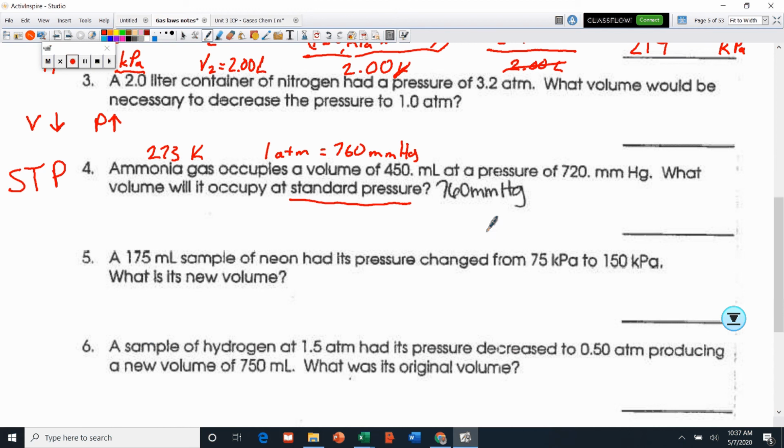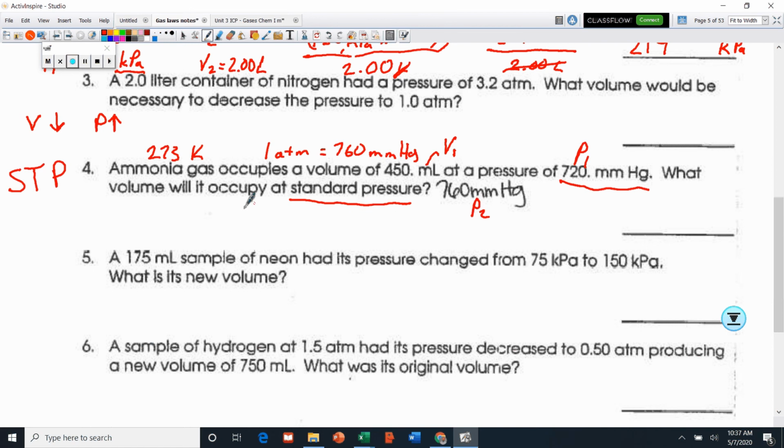Because our P1 was already in millimeters mercury, I'm going to leave it in millimeters mercury. That's easy enough and saves us some trouble. So this is our V1, this is our P1, this is our P2.